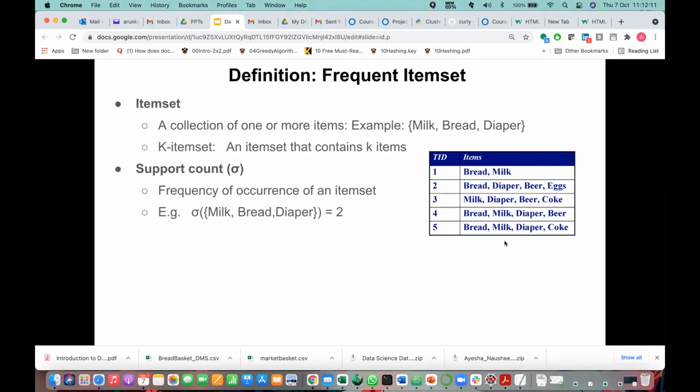See for the other items, what is the frequency as a single item set? Diaper also 4. Even milk also 4. Is there any with 5? No. How do you eliminate easily? If bread is not 5, milk is not 5, then there is no question of any other item being 5, right? Yes.